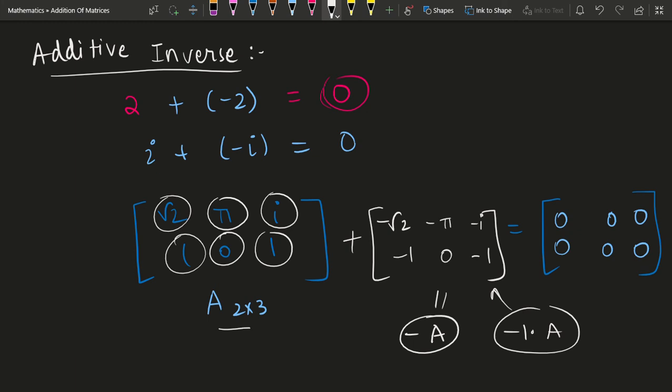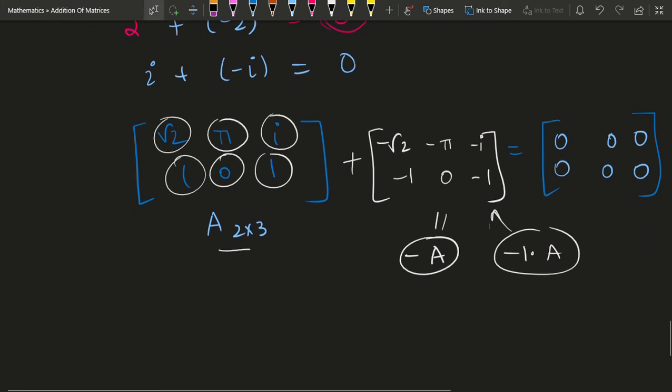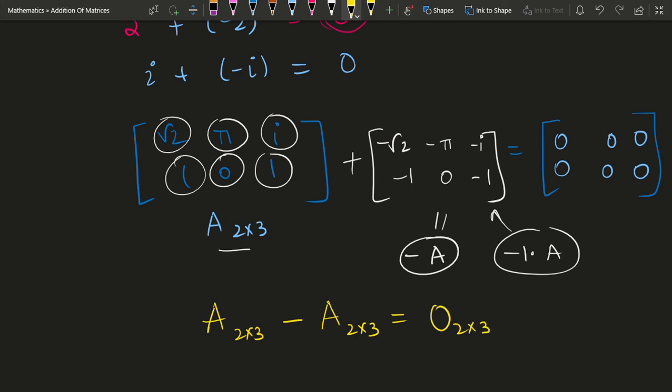And this is an idea that we'll explore in the next video. For now, you can also regard the existence of an additive inverse as the existence of a matrix, so that you can subtract the original matrix and get the 0 matrix of the same order.